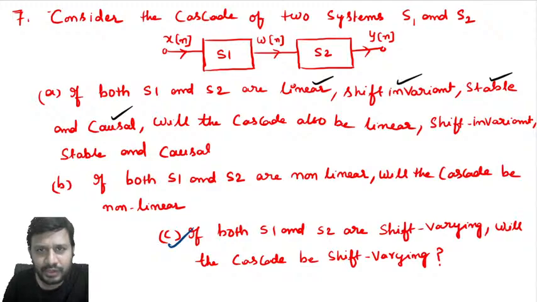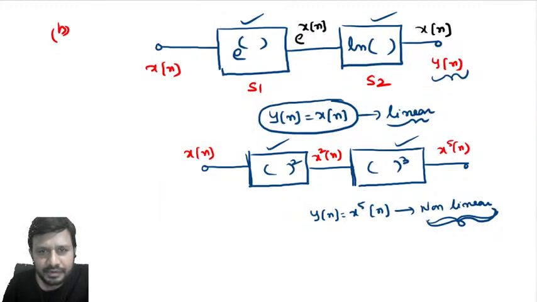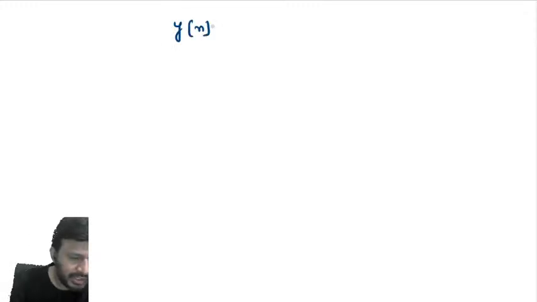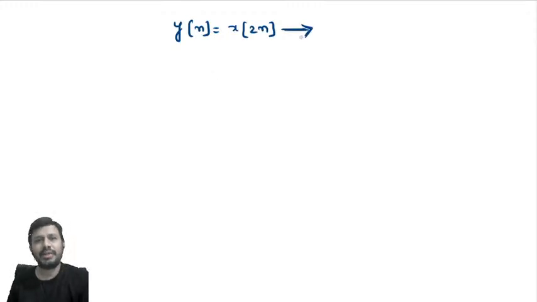I'll do one thing. Observe here, all of you. Suppose I ask you, y of n is equal to x of 2n. Time invariant or time variant? Tell me.